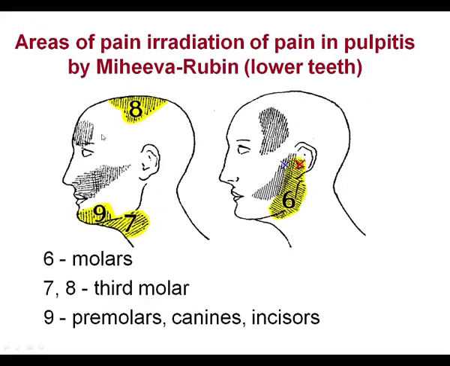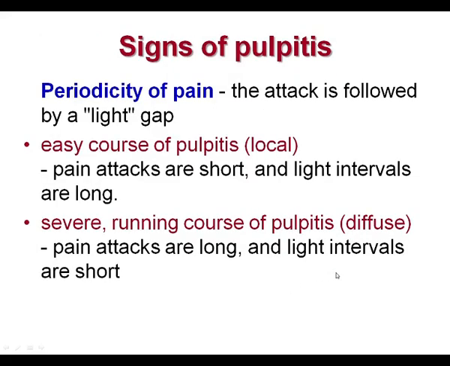And areas for lower teeth: for molars, it's the angle of the mandible. For third molars, it may be in the neck and also in the head, and for premolars, in the chin, or even in incisors.